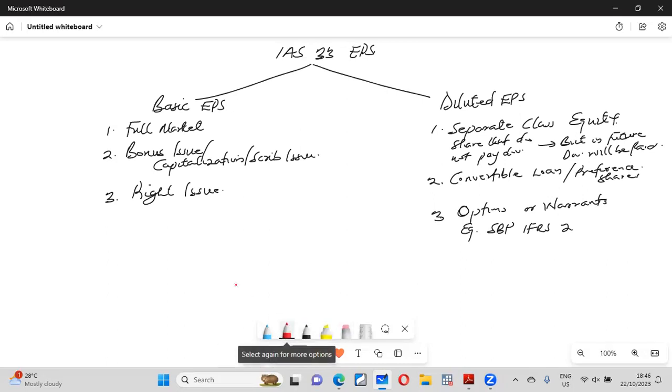But let me begin by stating that earnings per share is for listed companies. All right, it's for listed entities. But if you're a private entity, you can choose to disclose. So private entities choose to disclose earnings per share.